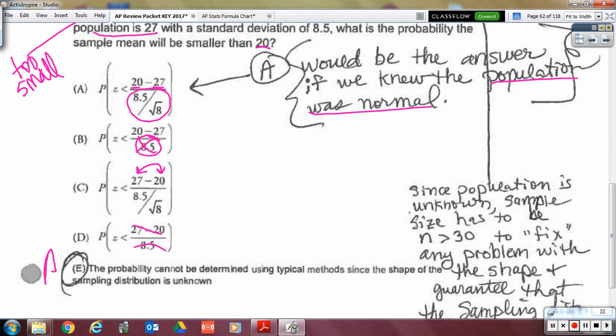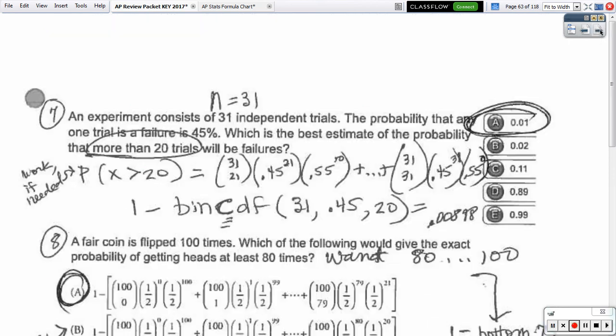But here is the answer. The probability cannot be determined using the typical methods since the shape of this sampling distribution of samples of size 8 is unknown. So that went through a little trick in there.